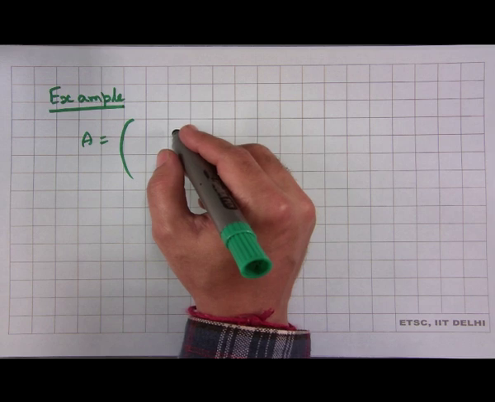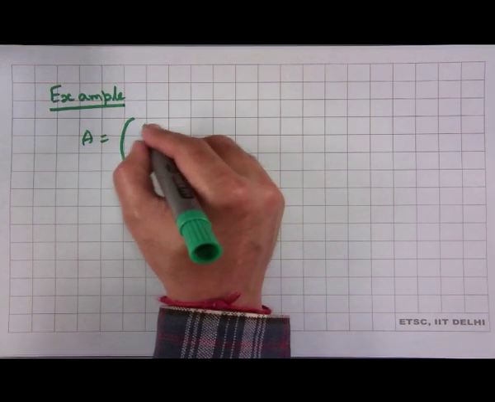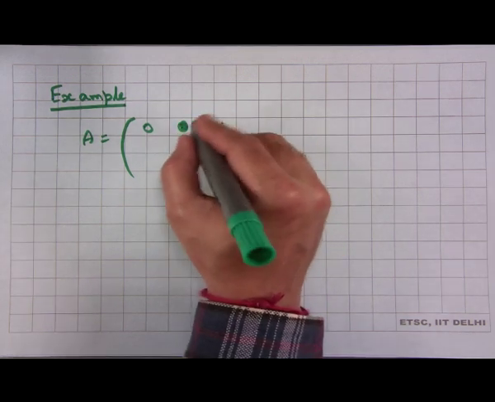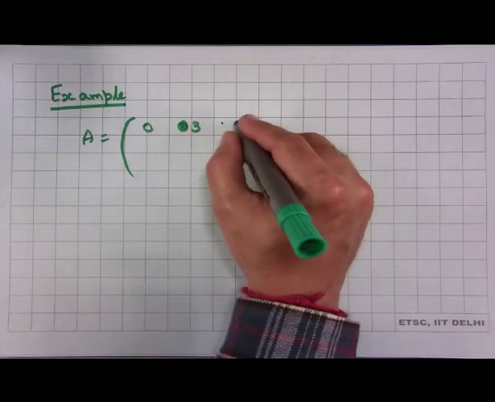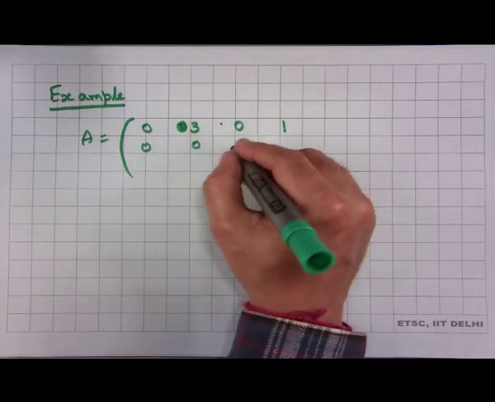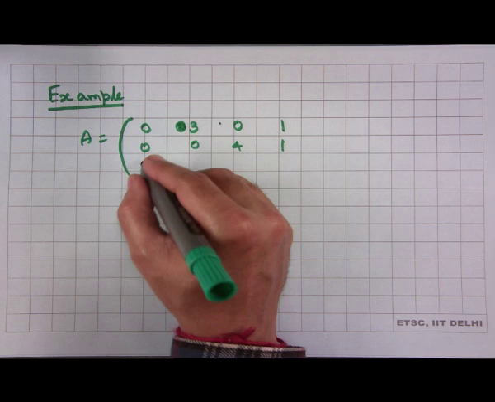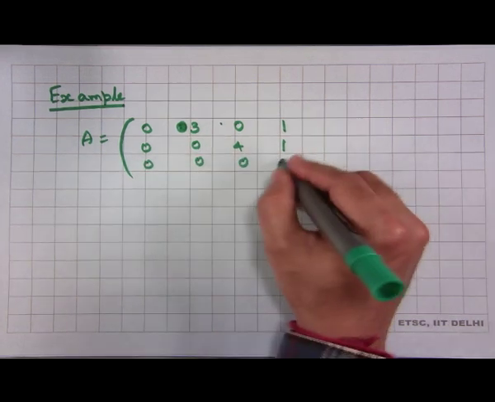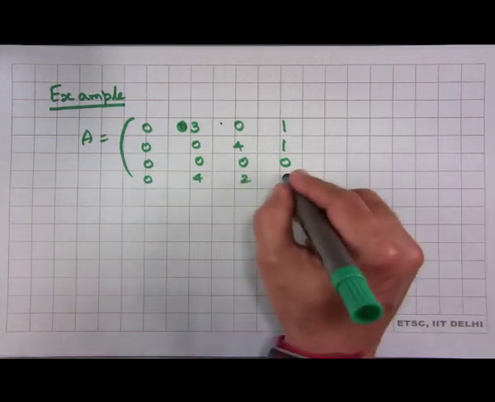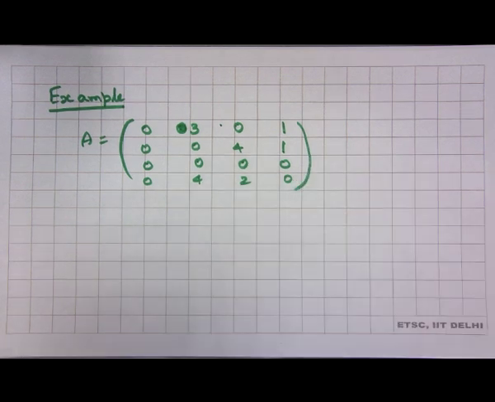Let the matrix A equal to 0 0 0 3 0 1 0 0 4 1 0 0 0 0 0 4 2 0. This is the matrix that we have.